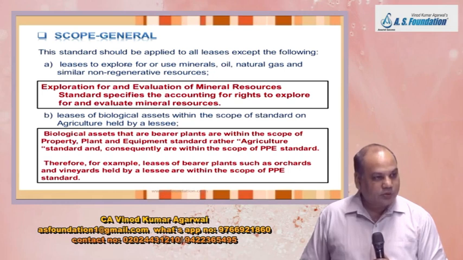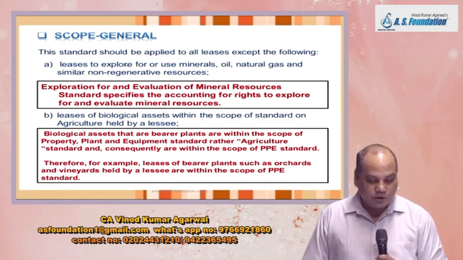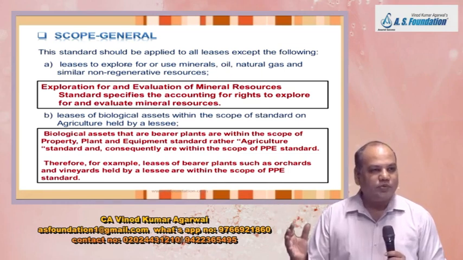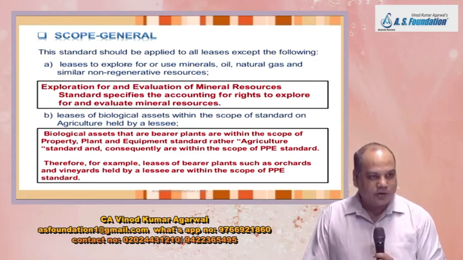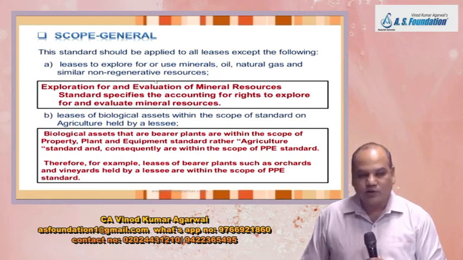However, there are some exceptions, and 1 or 2 exceptions are very important for you, like the exception on small value items, or those items where the lease period is for a small period of time. Is it right? So the first exception is leases to explore for or use mineral oil, natural gas and similar non-regenerative resources. There is another standard on this.